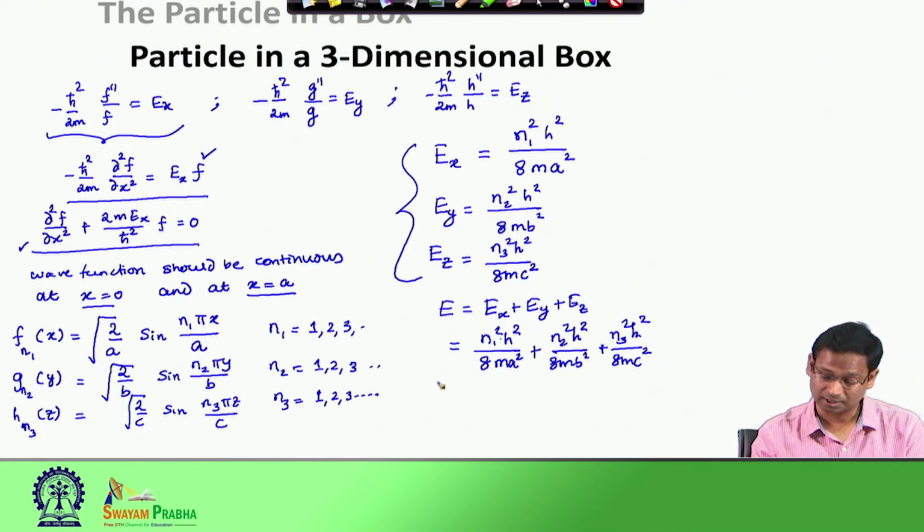This is the total energy. Now, this total energy depends on three quantum numbers n1, n2 and n3.